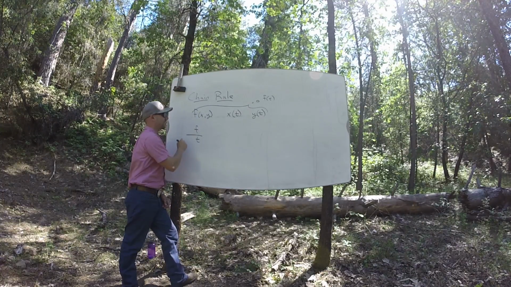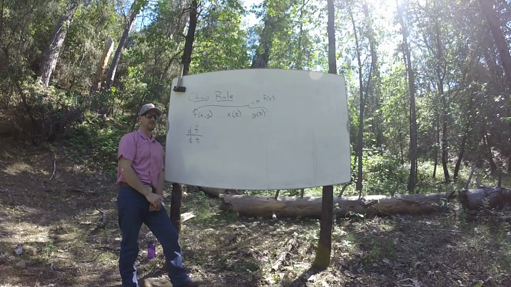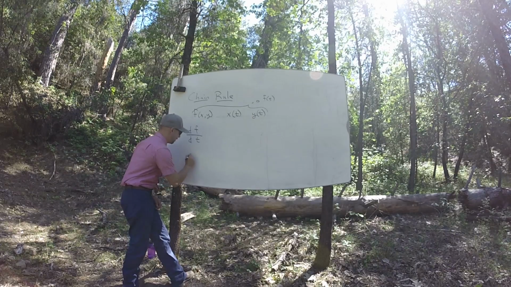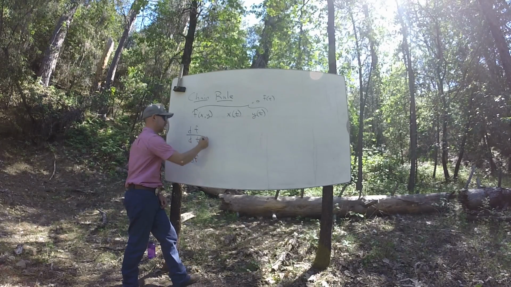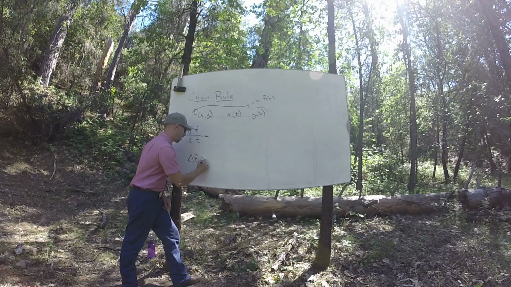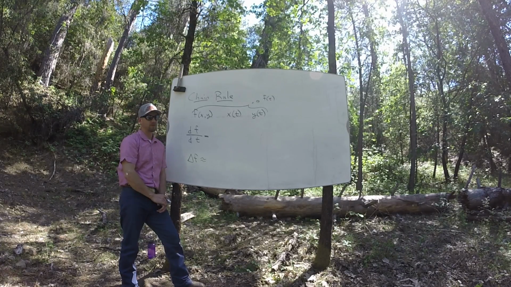Okay, so let me say we've got df/dt. I'd like to know what this is, and I'm going to start by thinking about whether I could approximate the change in f. You guys have a way to approximate change in f.